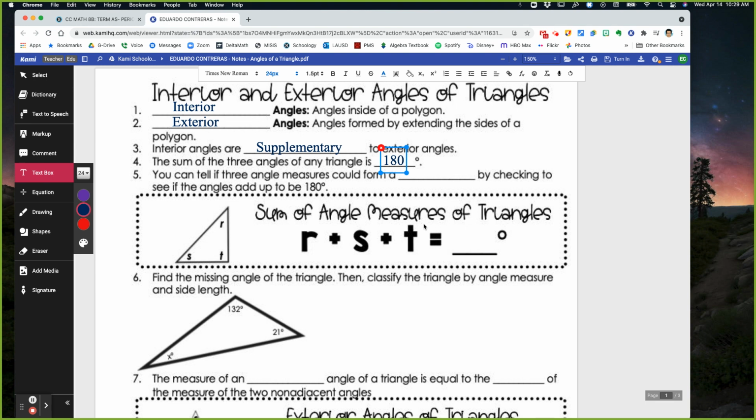Now, one of the things that happens is you can tell if 3 angle measures could form a triangle.